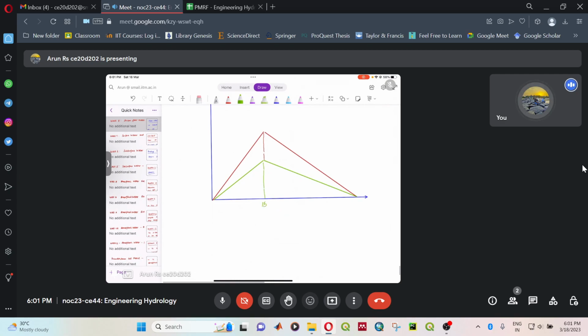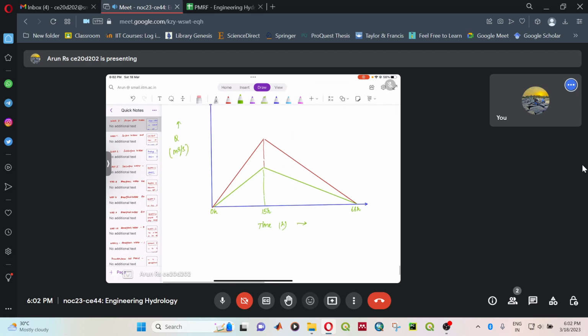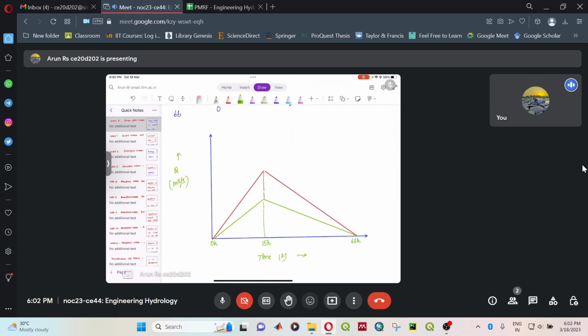So this is 15 hours, this is 0 hours, this is 66 hours. And we can also represent the rainfall that happens for a duration of 6 hours.